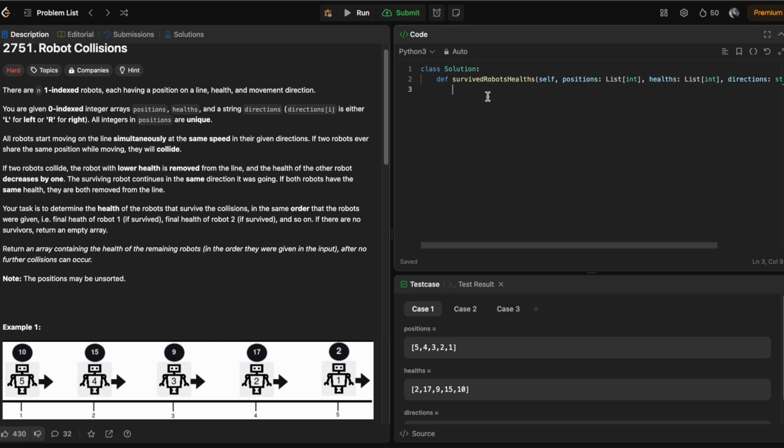Alright. Oh man. Okay. Robots is equal to, and then we want it to be sorted by positions. So we first do positions I for I in range.